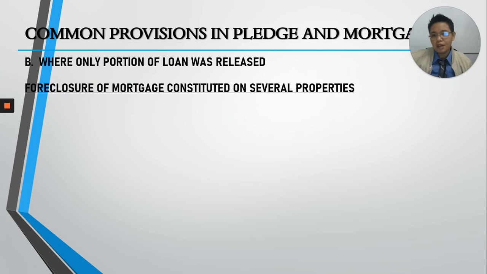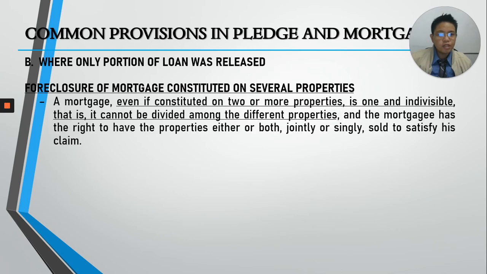So what else? Foreclosure of mortgage constituted on several properties. So there is a mortgage constituted on 2 or more properties. Again, this one is one and indivisible. It cannot be divided among the different properties. So yung mortgagee pwede niyang ibenta yung both properties, either or both properties.